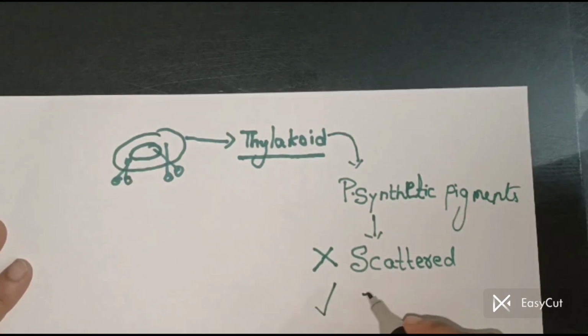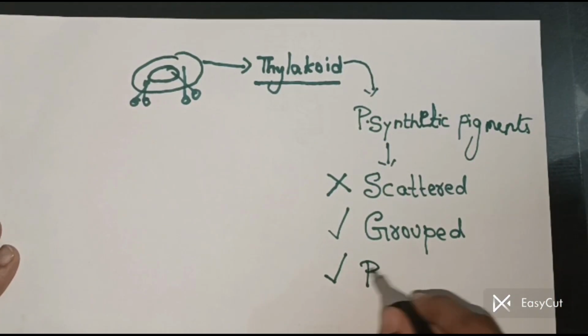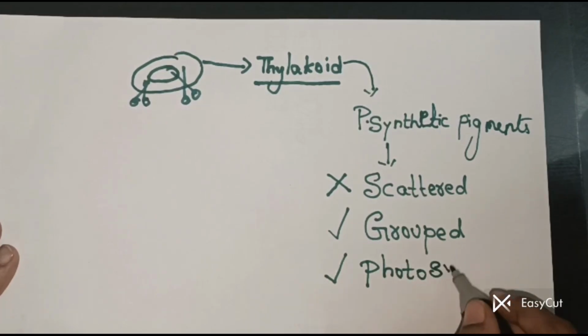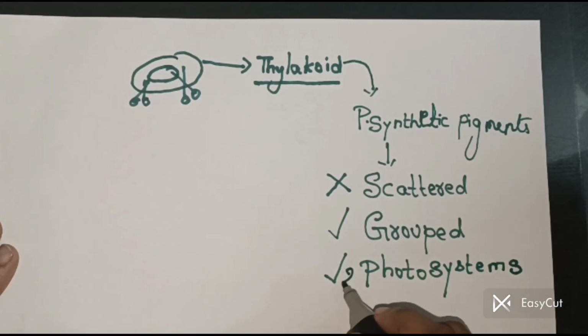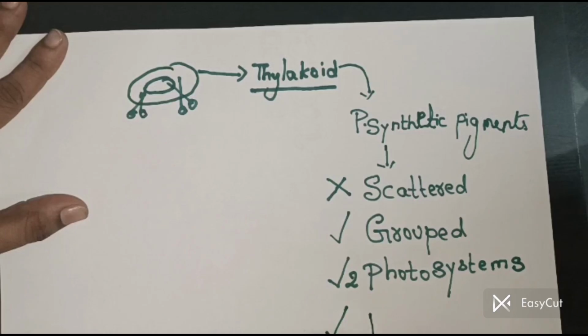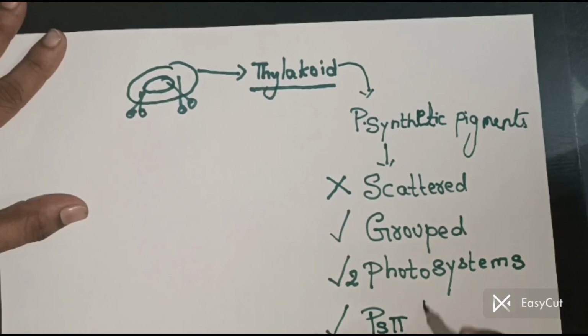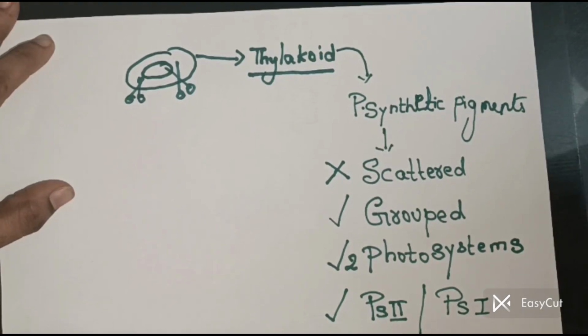They were grouped, and the group of photosynthetic pigments which are involved in photosynthetic action, especially in the higher plants, we are going to call photosystems. In higher plants there are two photosystems, photosystem 2 and photosystem 1, and these two types are named on the basis of the sequence of order of discovery.